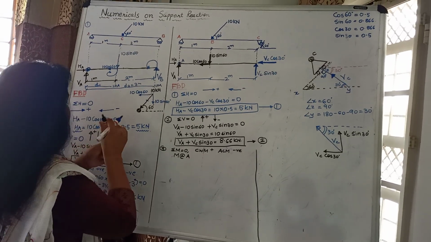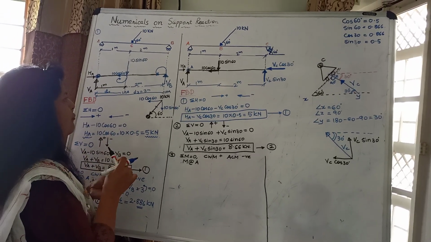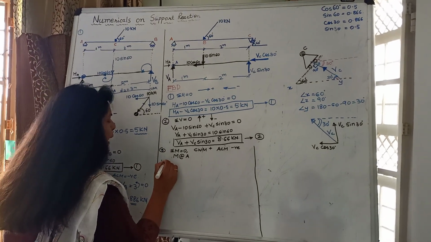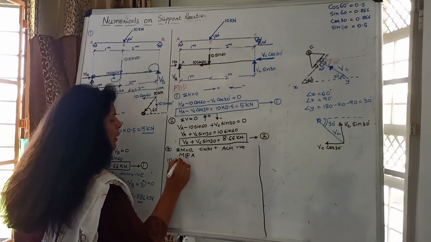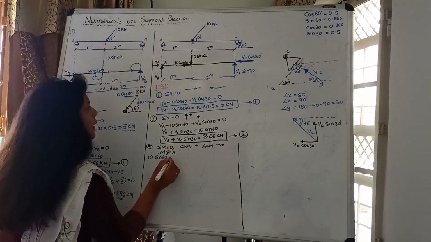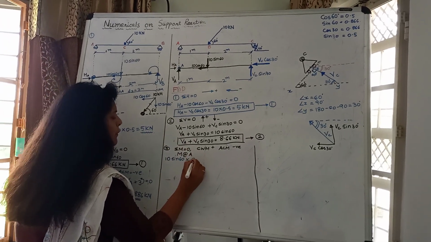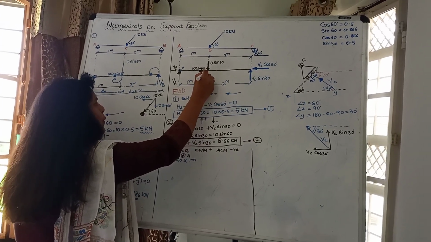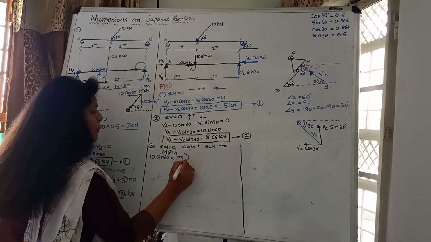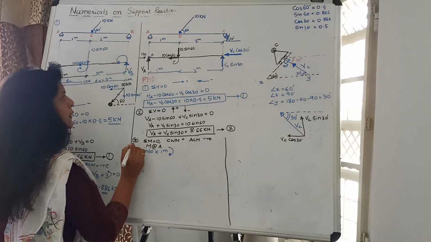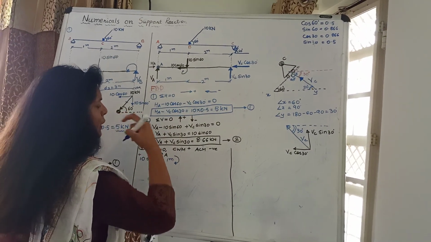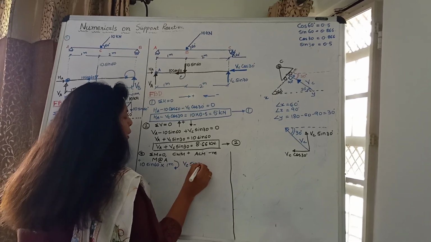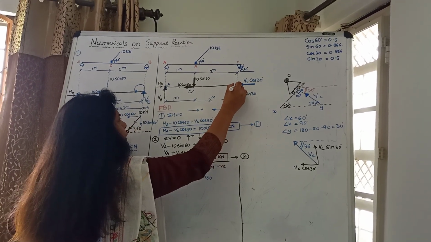So only vertical forces we are going to consider. Moment about point A: first vertical force is 10 sin 60 multiplied by distance, that is 1 meter, and it is rotating in clockwise direction, so it is positive. Second is VC sin 30, moving in anti-clockwise direction.